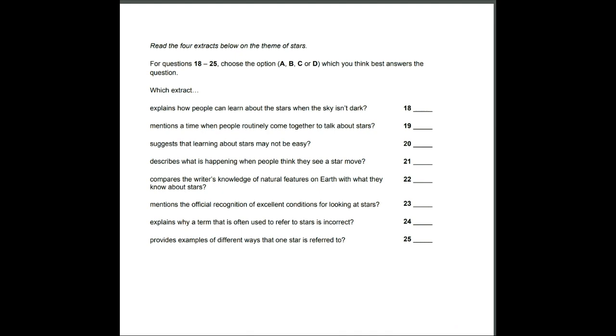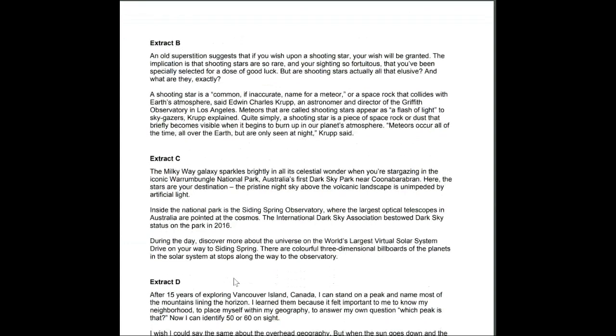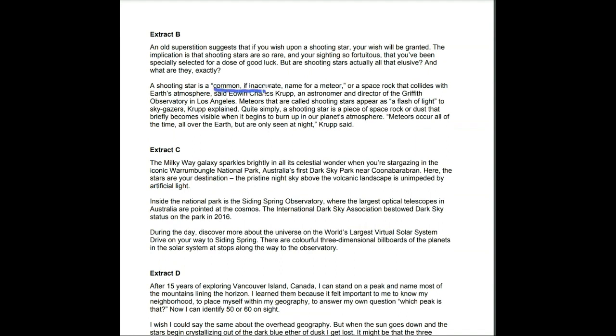Okay. Moving on to 24, explaining why a term that is often used to refer to stars is incorrect. So scrolling back to our extracts, this question is very straightforward. If I just underline it for you here in extract B, we can see that a shooting star is a common, if inaccurate, name for a meteor. Looking at the word there, inaccurate, meaning that it's often a misconception, something that is understood to be true but isn't really.